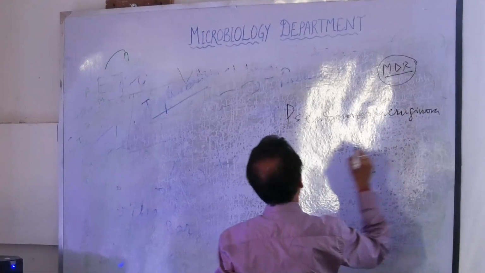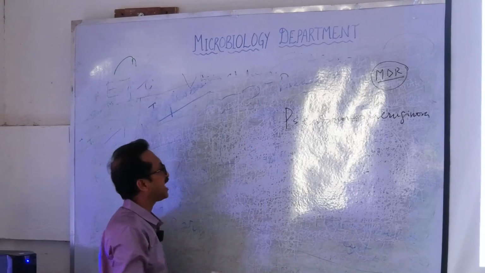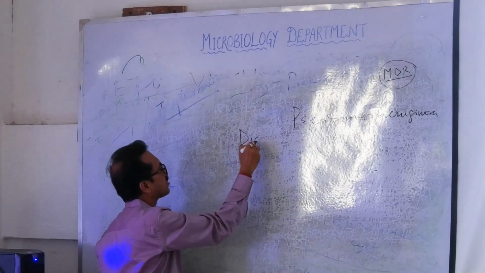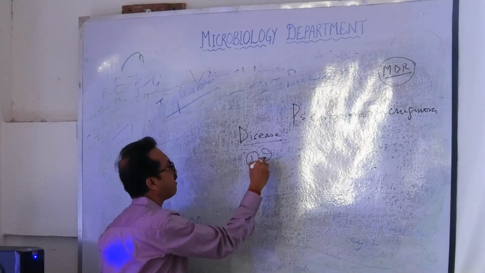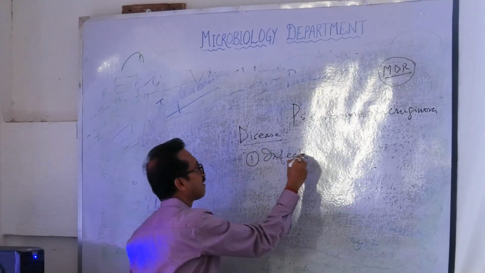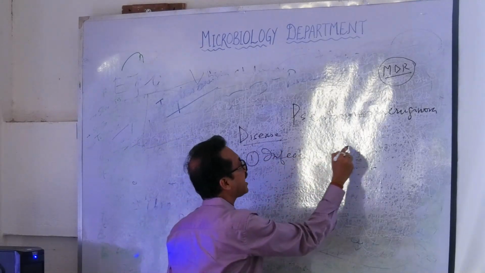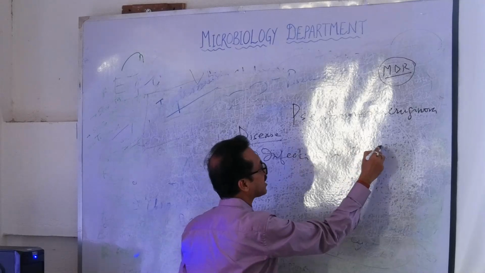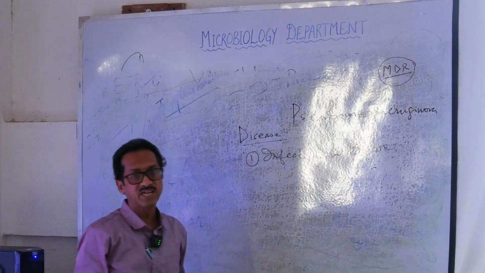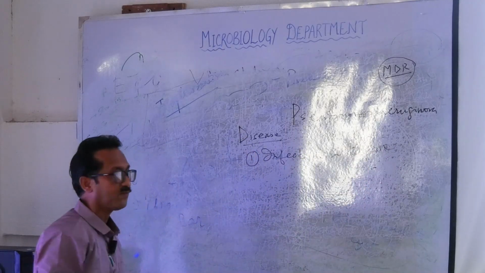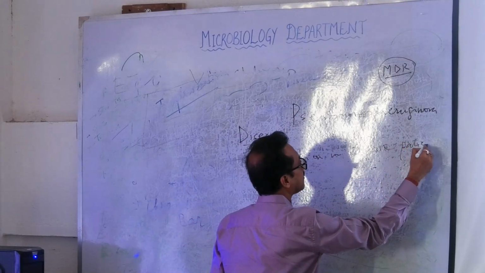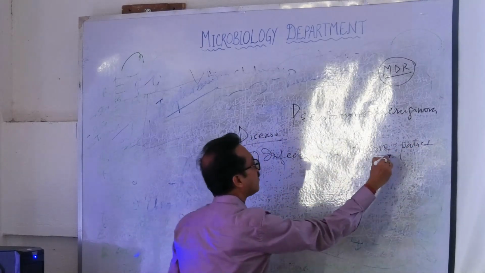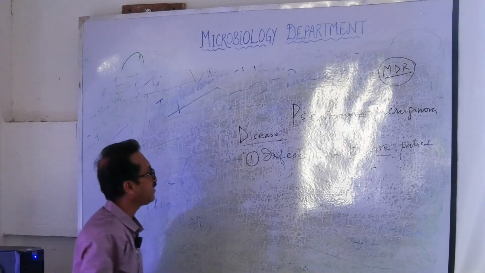I have not made a slide because you should remember the diseases. Whenever you get Pseudomonas, you will be asked what the diseases are. First is infection in burn patients, and a bluish green pus may form. Burn, skin infection.